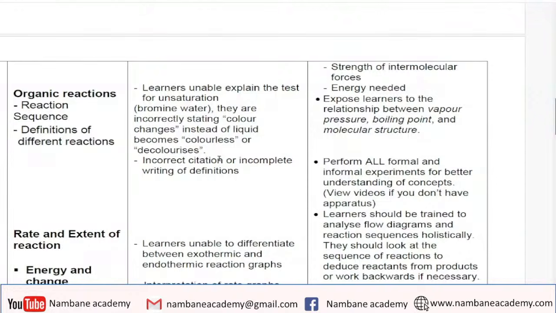We have those things that we use. I don't know the name of this kind of mnemonic, but we have those triple S. When you move with the arrow from a saturated to a saturated, then the type of reaction is substitution. When you move from a saturated, meaning single bonds between carbon atoms, to unsaturated, we know the type of reaction is elimination.